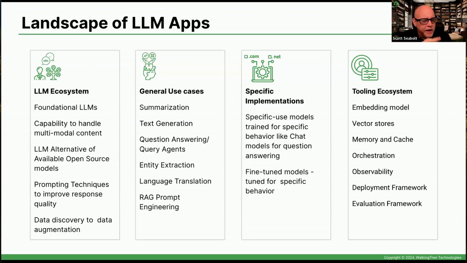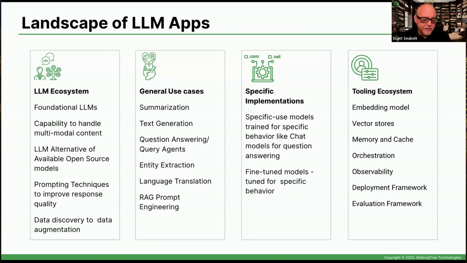And then we also have specific implementations as well, right? So specific use models trained for specific behavior, like maybe chat models and models for question answering. These types of models have been trained or fine-tuned for specific tasks, like conversational AI, things that can interact with users in a more natural, human-like way.